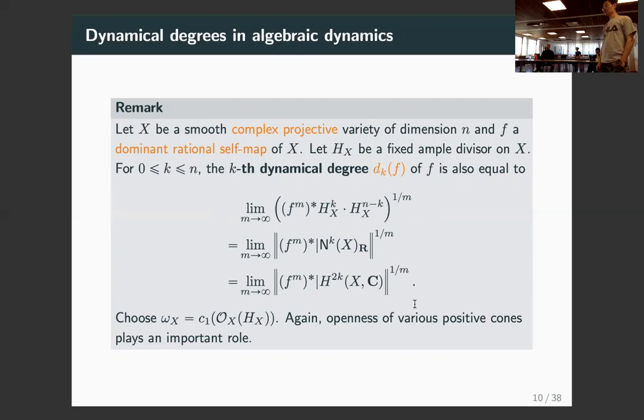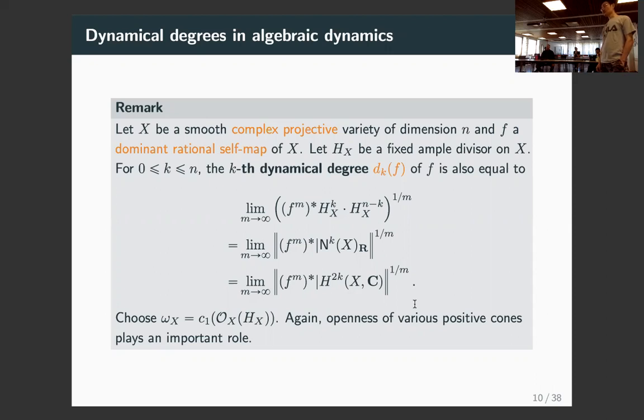So first we replace the Kähler form by this ample divisor as before. So we have the first limit, just replacing the Kähler form by the ample divisor. We can also show that this limit is equal to the other two limits using norms, just as before.